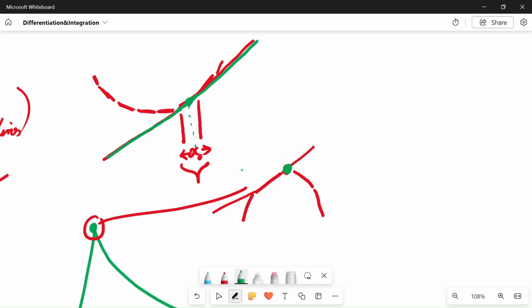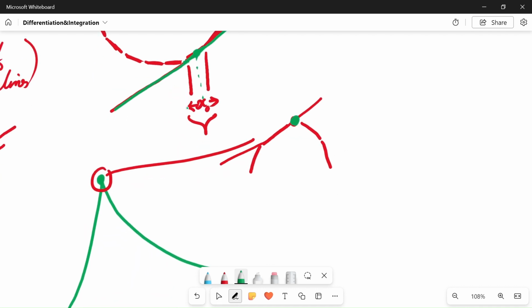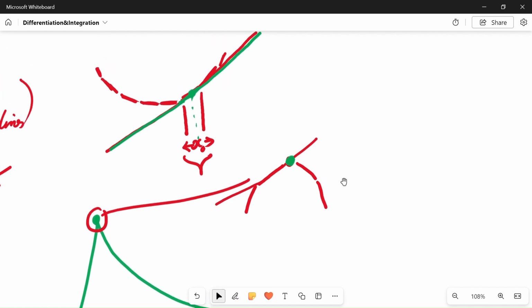Okay, so this is what I was saying. When you say that differentiation gives you the tangent of a point on the curve, it actually gives you the equation of this infinitesimal line extended on both the sides for the neighborhood of that point.